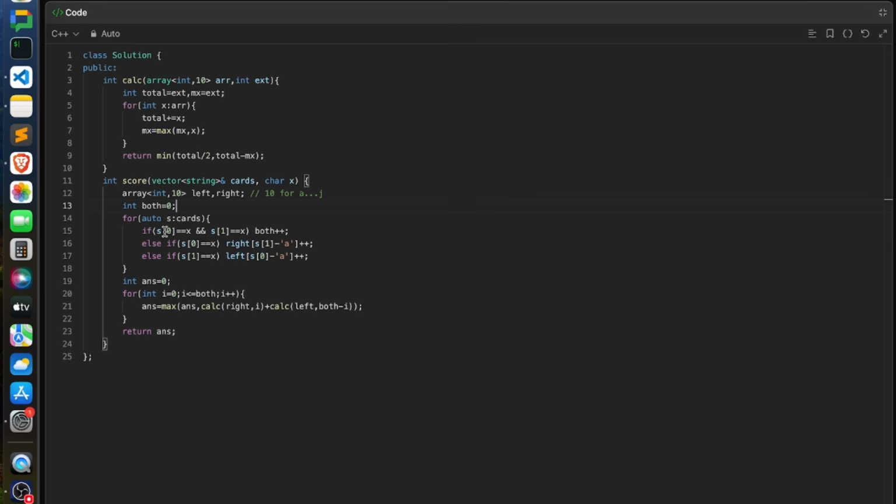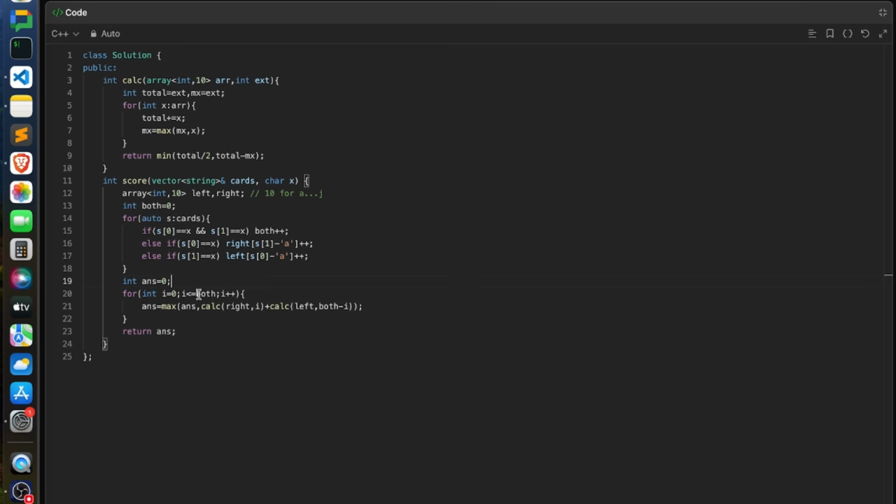Type 1 cards means both the characters are exactly equal to x. If both are x, increment both plus plus. If the left character is same as x, increment the frequency of the right character in the right array. And if the right character is same as x, increment the left character in the left array. So after this we get left, right and both.